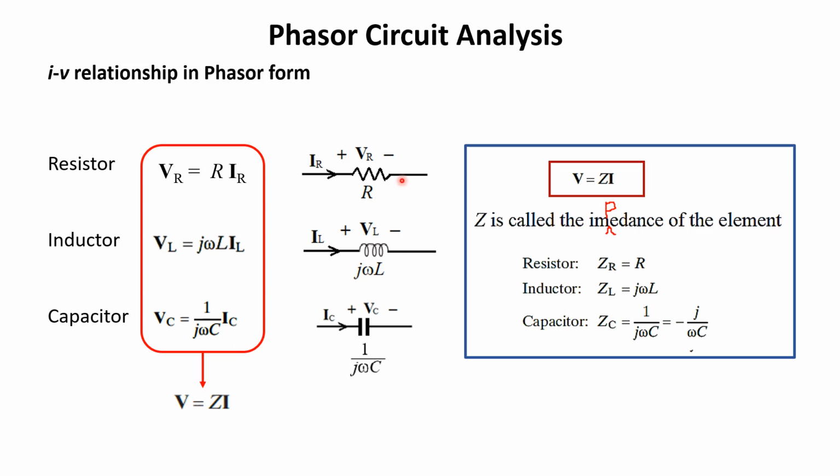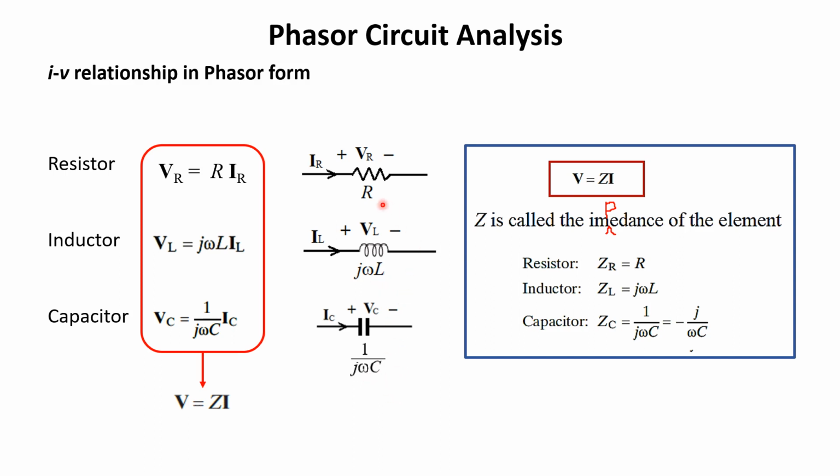Whenever we see a circuit with resistance, inductance, and capacitance, we will replace resistance by R, inductance by j omega L, and capacitance by 1 over j omega C. That's it. So we should know the inductance and the frequency, capacitance and the frequency.